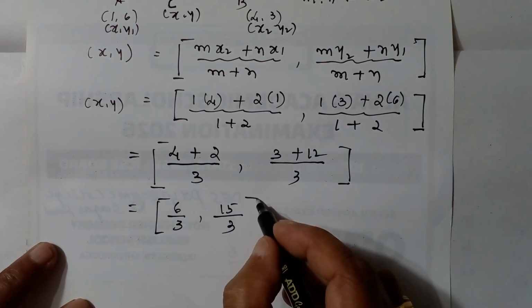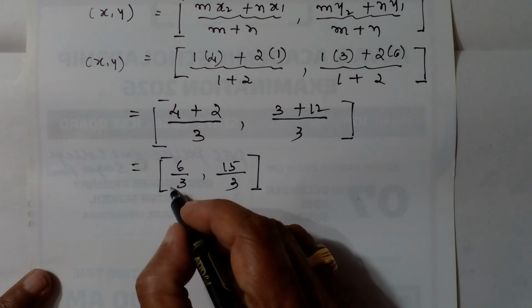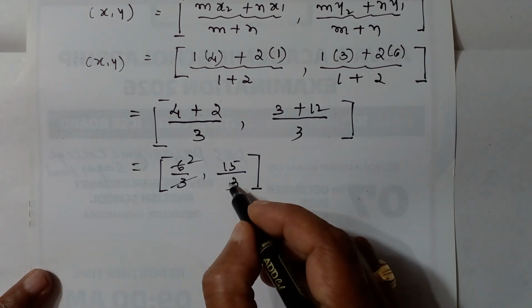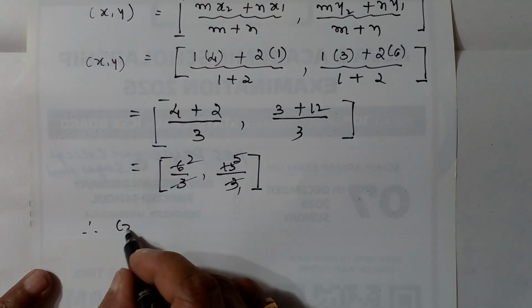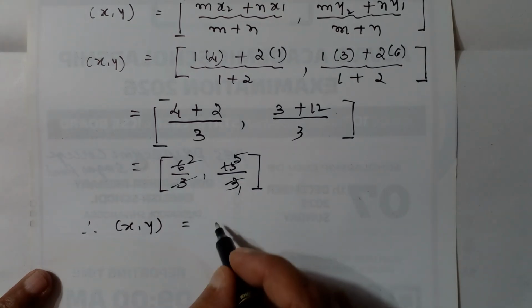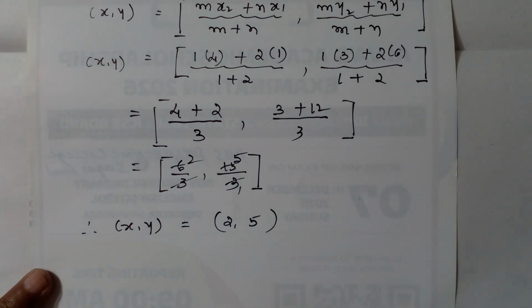Here you may reduce. 3 ones are 3, 3 twos are 6, 3 fives are 15. Therefore (x, y) is equivalent to (2, 5).